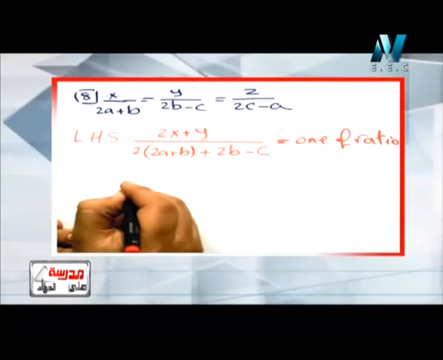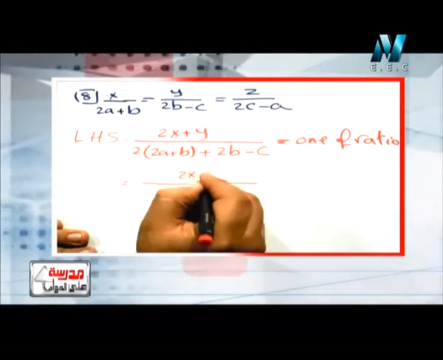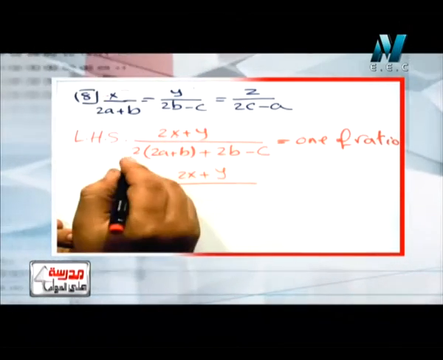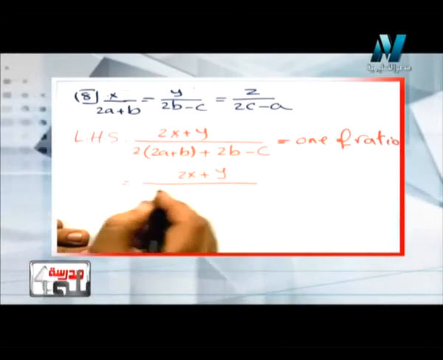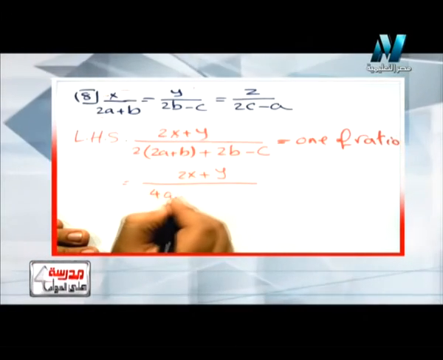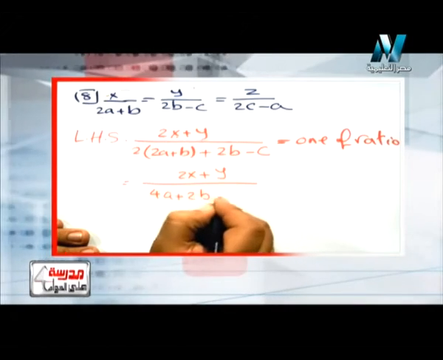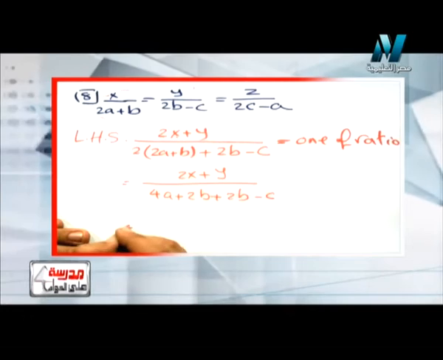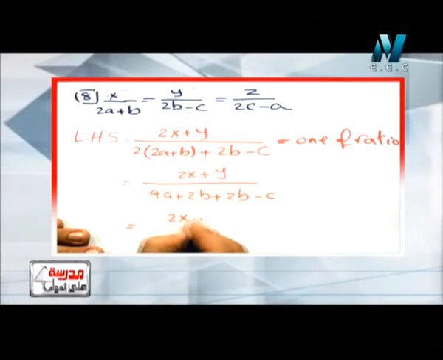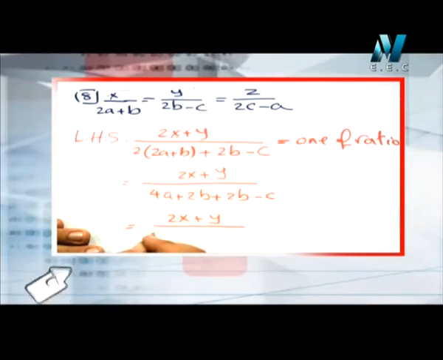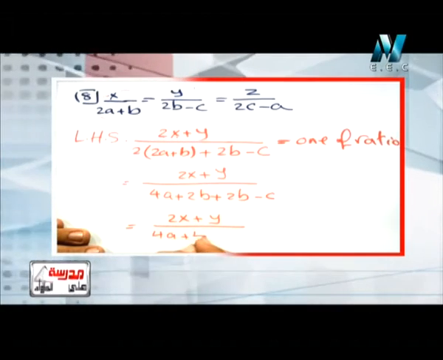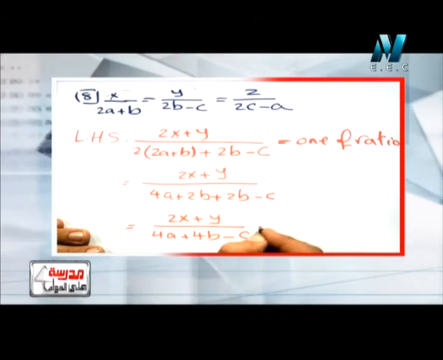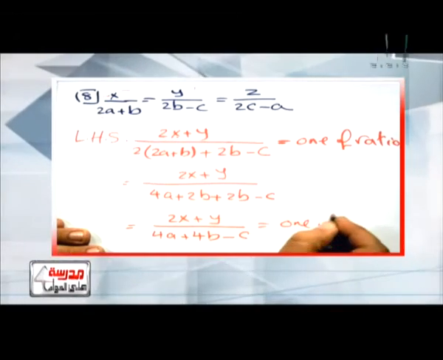So we have here 2x plus y over, using the distributive property, 4a plus 2b plus another 2b minus c, which equals 2x plus y over 4a plus 4b minus c, and this equals one of the ratios.